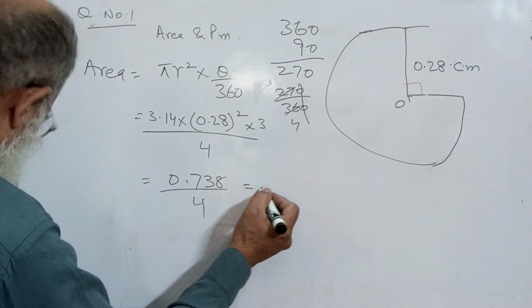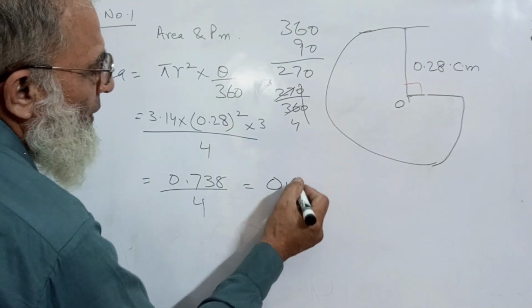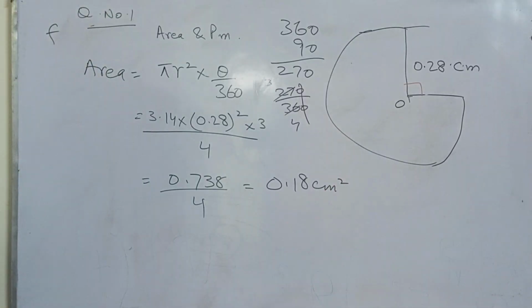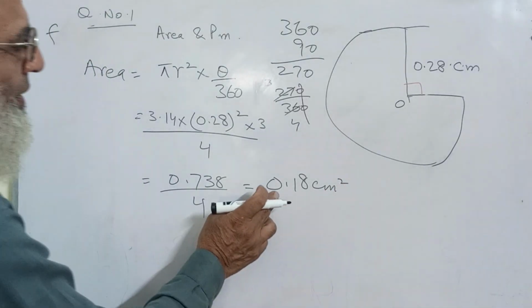Now it will become 0.18 centimeter square. The area is 0.18 centimeter square.